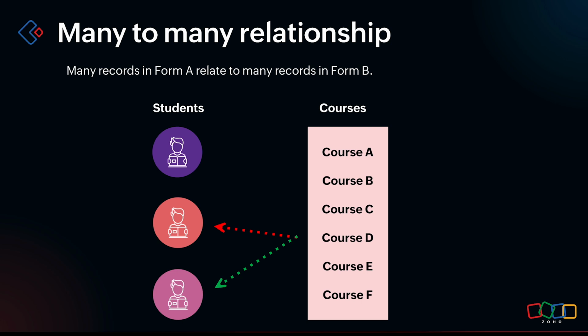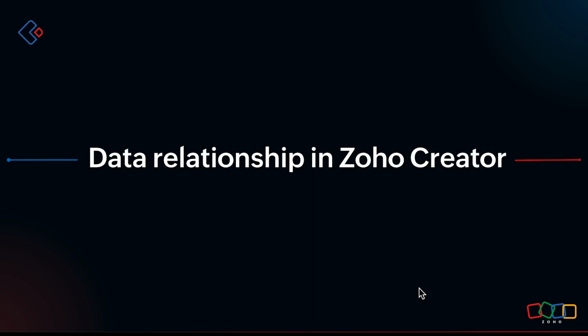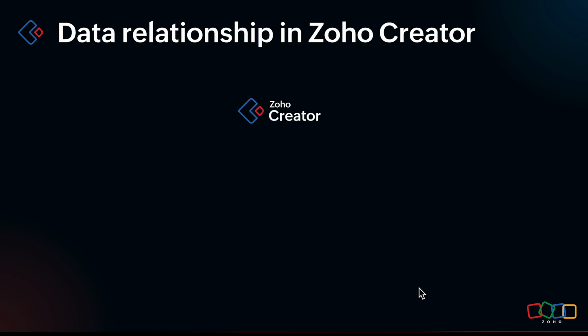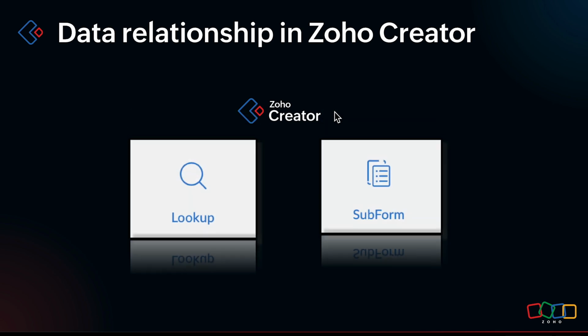In order to bring in these relationships into your application, we will be using a field called Lookup. So let's move on to an understanding of how data relationship can be brought in within your Creator application. If you have an application in your Creator account, and if you'd like to bring in data relationship, two major fields are going to help you with that.